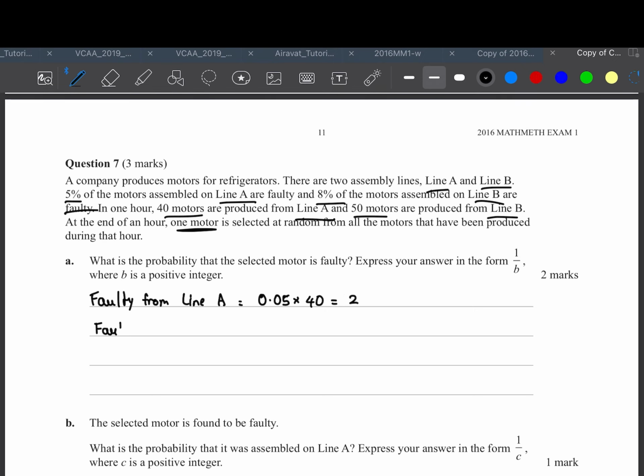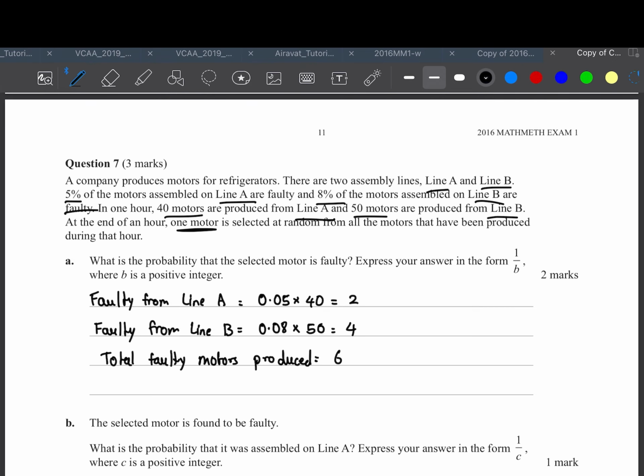And faulty from line B is going to give us 0.08 times 50, which is going to equal 4. So the total amount of faulty motors produced is going to be 6.